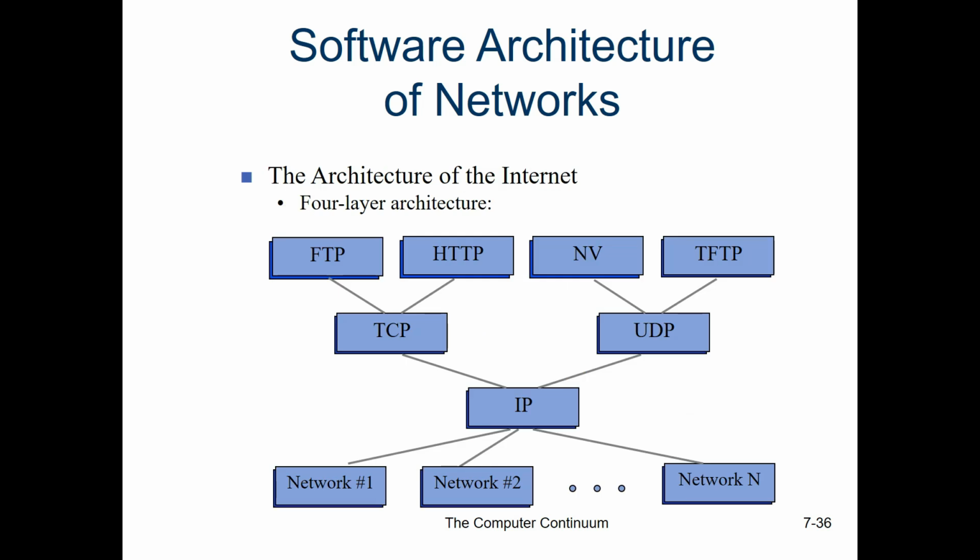Now, in networking architecture there are different layers. When a computer is communicating with another computer or the internet, it has to go through different layers in order to communicate.